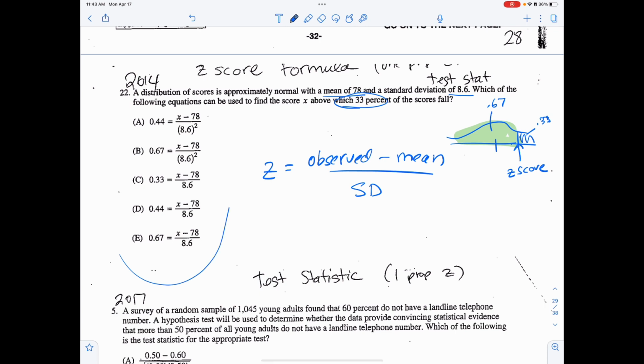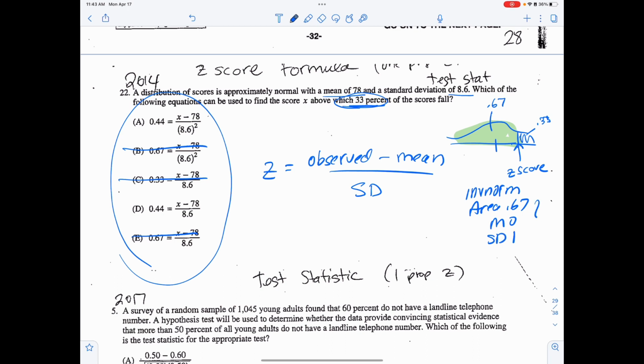because all of these are z-score formulas. So I can tell you what it's not, definitely. When it says 33%, it's not going to be coincidental that the z-score and the percentage are the same. So how do you find that z-score? Of course, you can go to inverse norm, and the area is 0.67, the mean is 0, and standard deviation is 1, and you're going to find that the z-score here is 0.44.